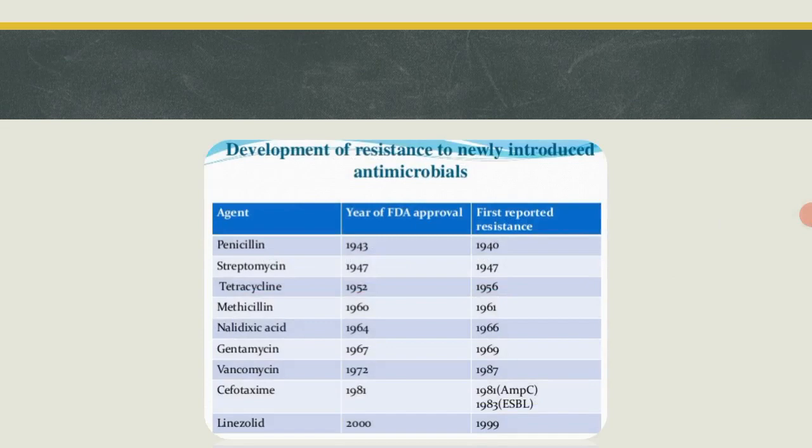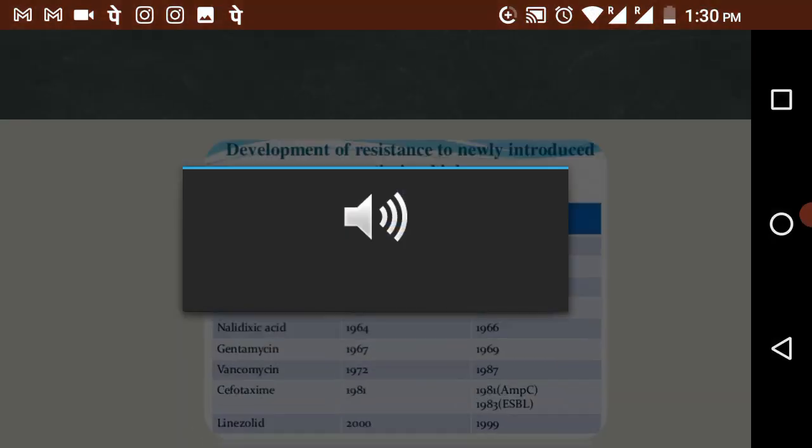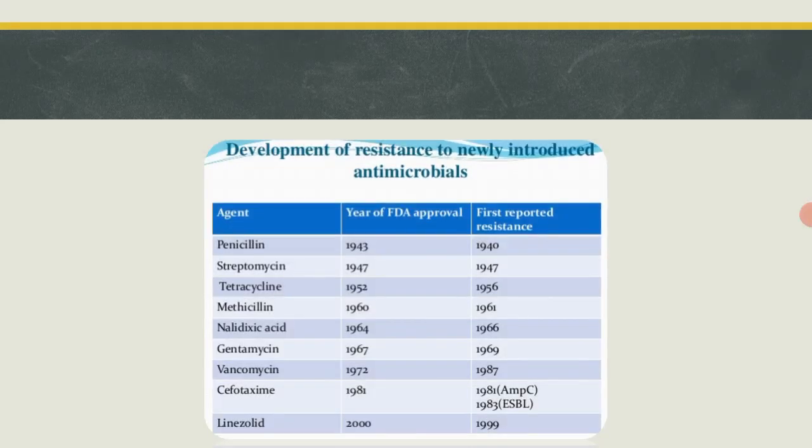Then how it is present and where it is present, then what are the reasons from where these resistance genes can come from. Then we studied these S. aureus resistant strains, and in this table we saw different examples of antibiotics and their resistance.